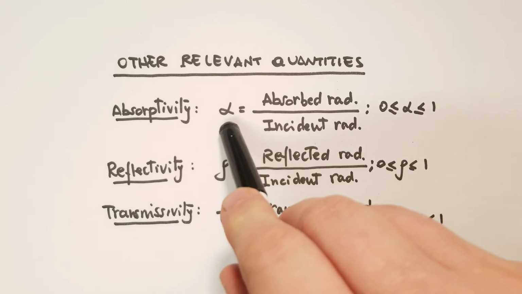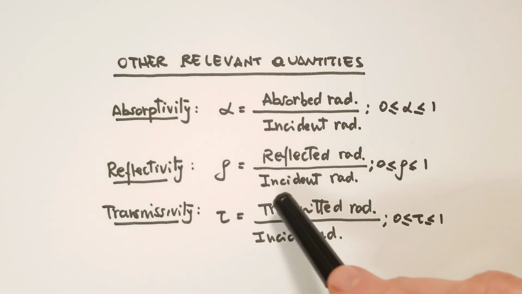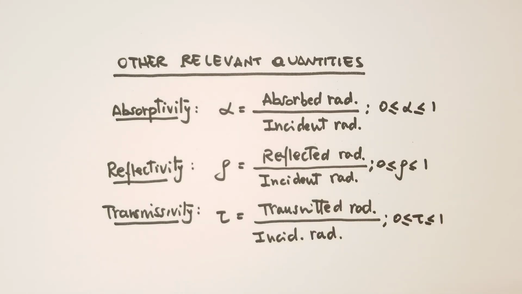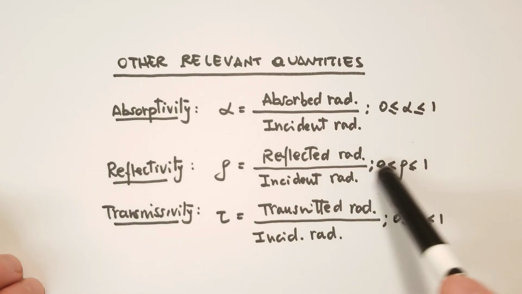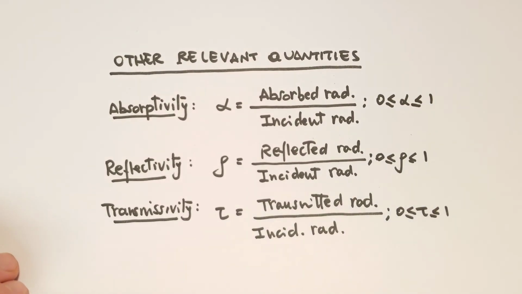That's indicated by the Greek letter alpha, and we call reflectivity, rho, the ratio between the reflected radiation and the incident radiation. And finally, we call transmissivity the ratio between the radiation transmitted through the surface and the incident radiation. So all these quantities are non-dimensional, and each of them is in the range between 0 and 1.